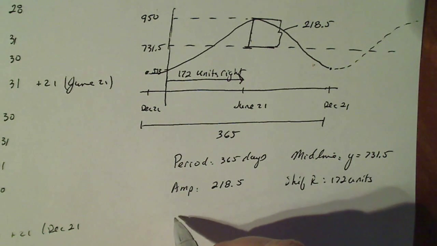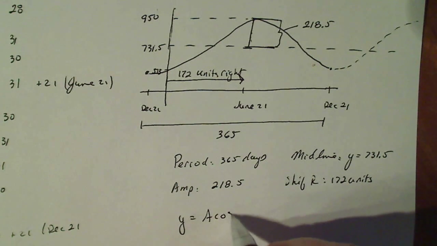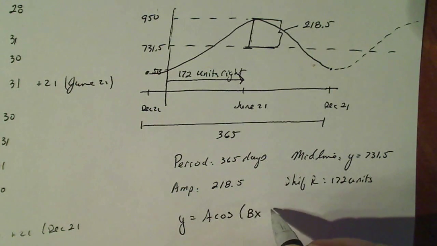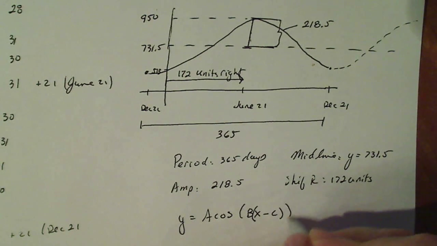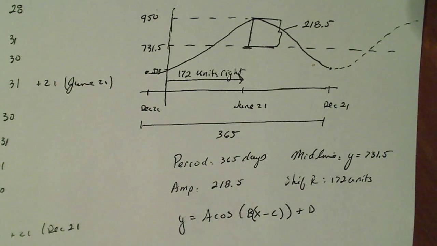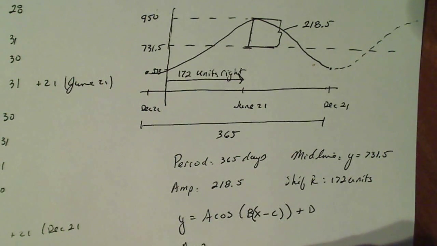Okay? So I'm just going to take all these numbers and put them together. I need my equation, y equals a cosine of b times the quantity x minus c, plus d. Some of these are easy and some are harder. A is 218.5 for the amplitude.